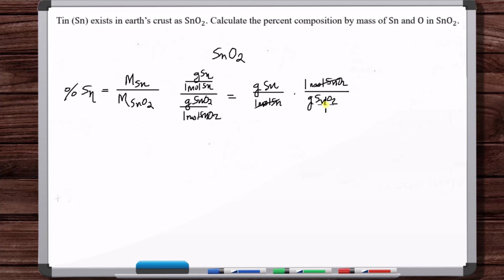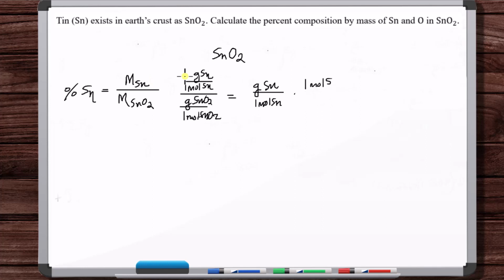We divide the molar masses to get the percent composition by mass. Technically, we're really wanting to divide the mass of 1 tin atom by the mass of 1 unit of SnO2, but if we use the molar mass, it's the same result.